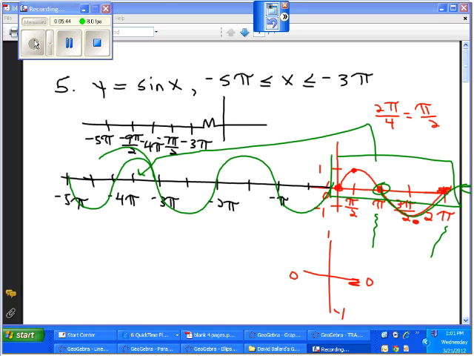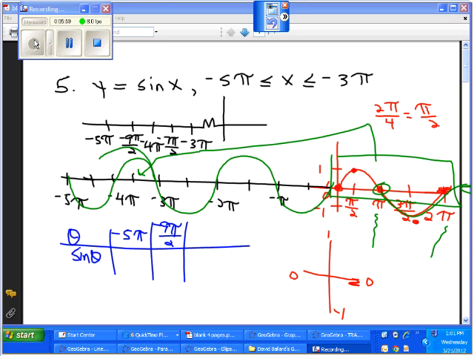It'd be a whole lot easier to just say, okay, I'm going to take my theta and my sine theta, and start at negative 5 pi, then have negative 9 pi over 2, then negative 4 pi, then negative 7 pi over 2, then negative 3 pi. I'm just going to figure it out, build a table, and then graph it.